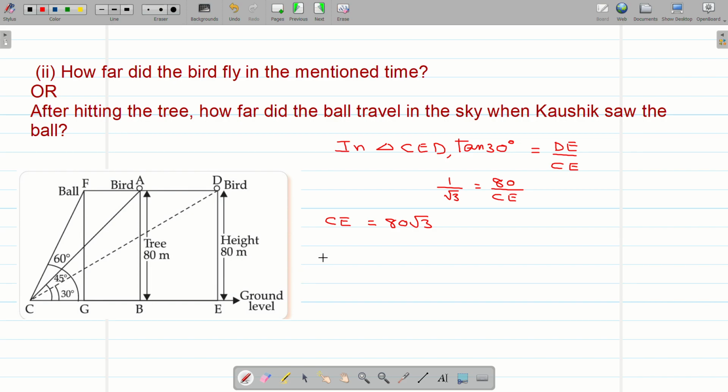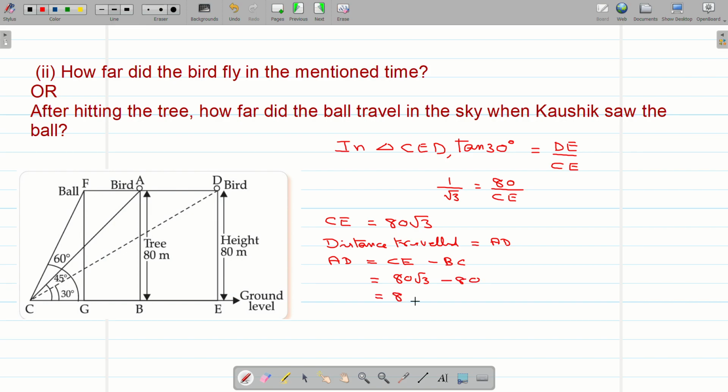The distance the bird flew is equal to AD. AD is equal to CE minus BC. CE we have found out, 80 root 3, and BC was 80.